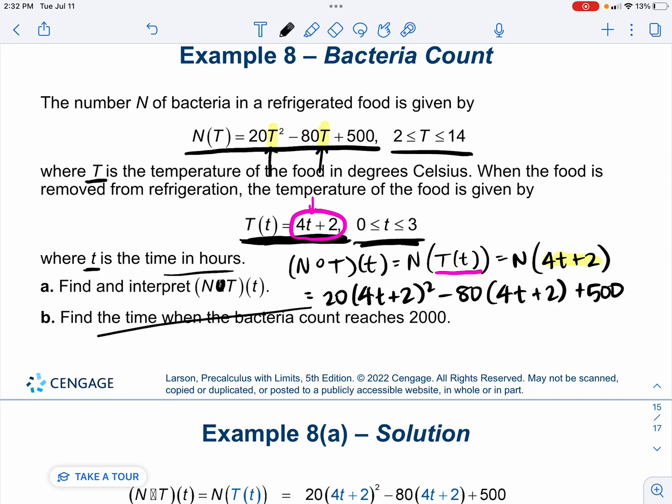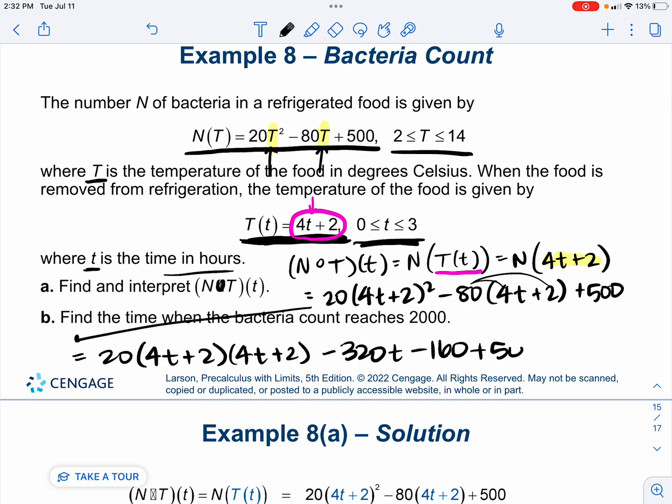So I'm kind of running out of space here, but it would be 20, and then I'd have to do 4t plus 2 times itself. I'd have to distribute the negative 80. So that'd be minus 320t minus 160 plus 500. Then I'll FOIL that.